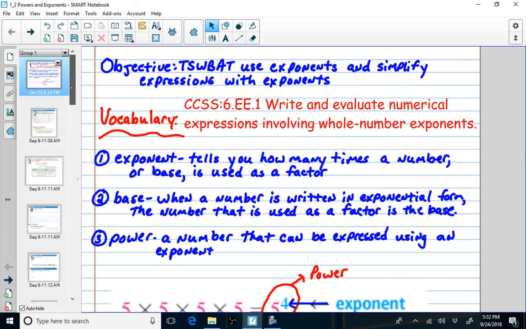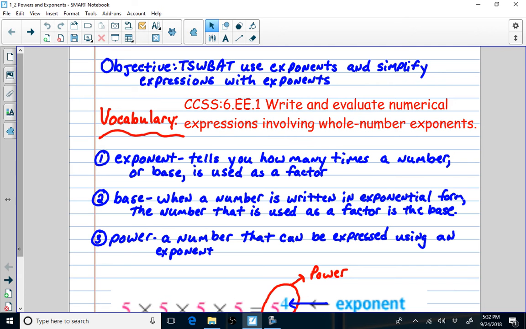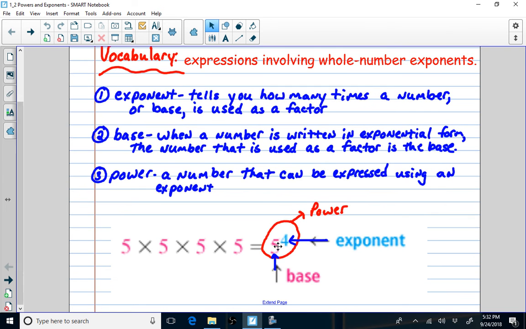If we take a look at the example that we have down here, the base number and the exponent together, that's what we call a power. The base number, 5, tells you what number is used as a factor. The 5 is the repeated factor, so that's your base number.